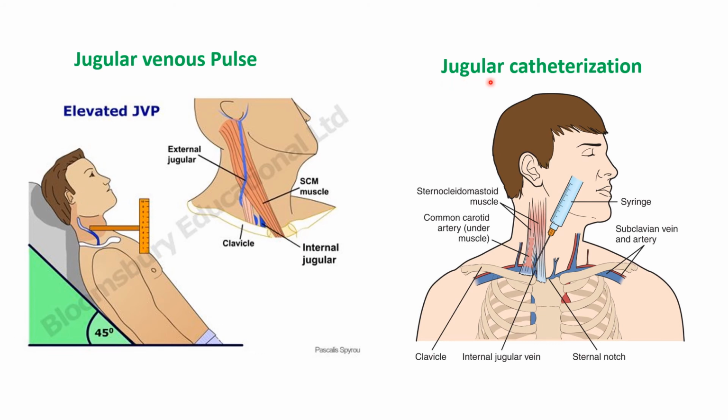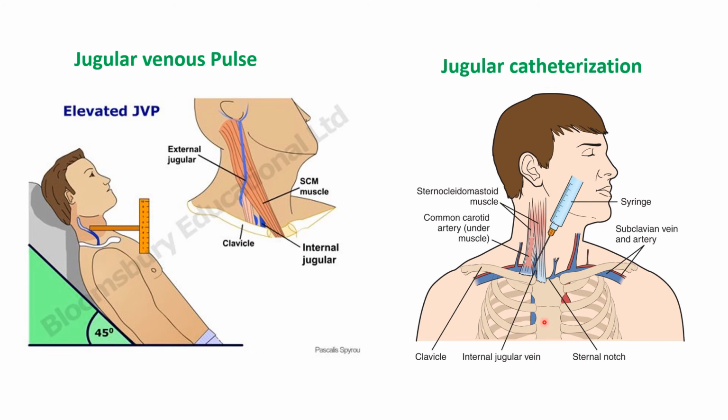Then another important thing which is done with the jugular vein or with the subclavian vein is catheterization. Whenever you've talked about or read about catheterization, you've seen that we've used the peripheral veins to do that.